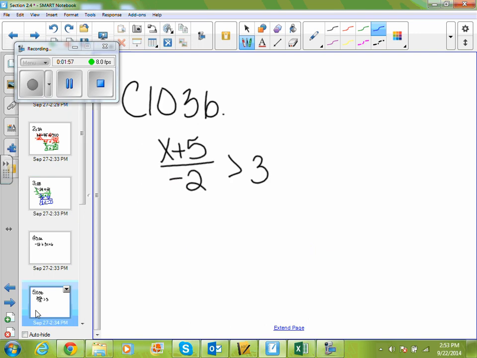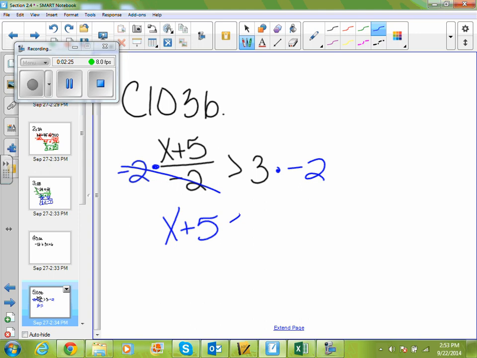Okay, if we look at 3b, we have (x plus 5) divided by negative 2 is greater than 3. Yes, we multiply by negative 2, so I'm going to multiply by negative 2 on both sides. Those then cancel. I bring down my x plus 5 because that stayed the same.